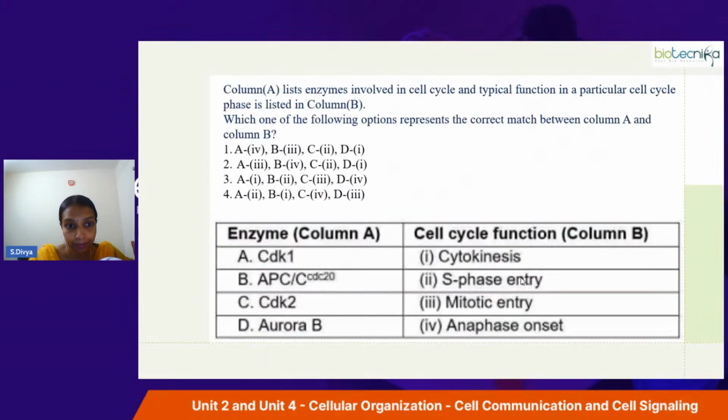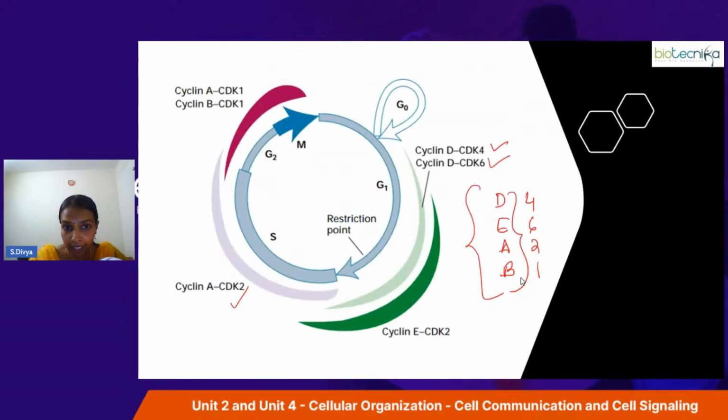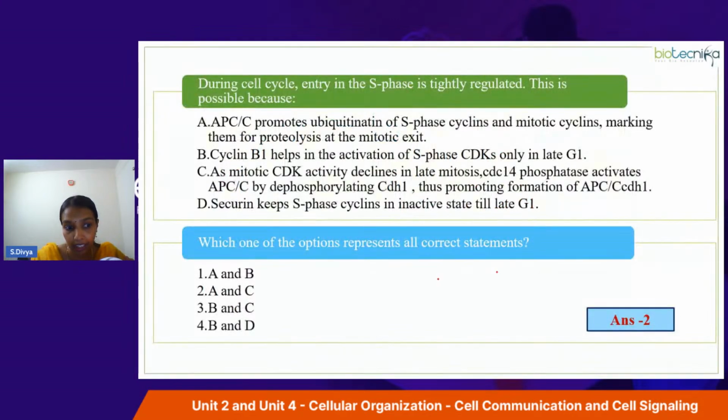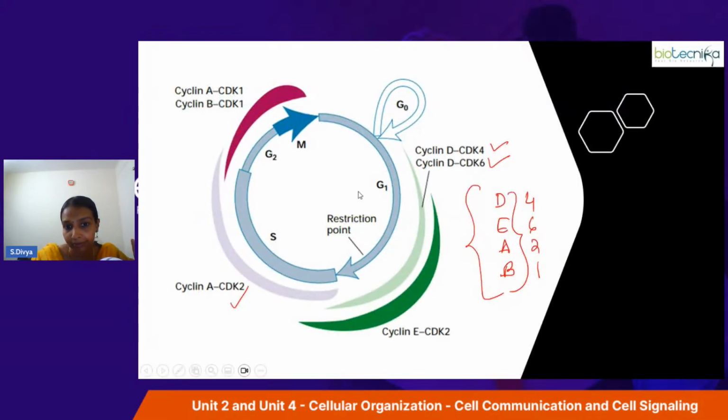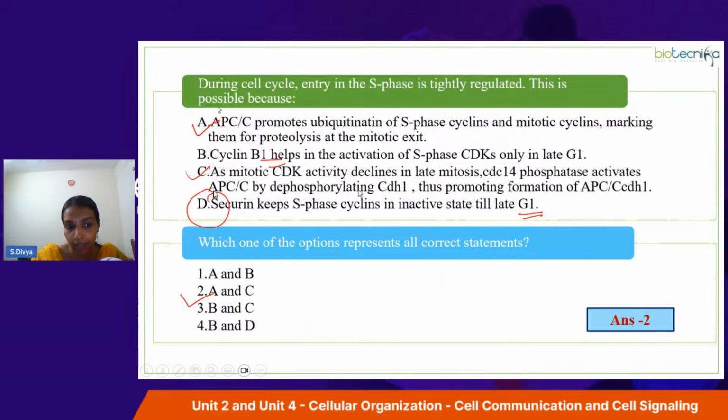Next, combining these two concepts, you can easily get the answer as A and C. And securin, though, does not work in the G1 phase, right? Usually it is related to the G2 phase, so you cannot use it over here. B, as I already told you, this one, right? So that's why A and C are the correct answers.